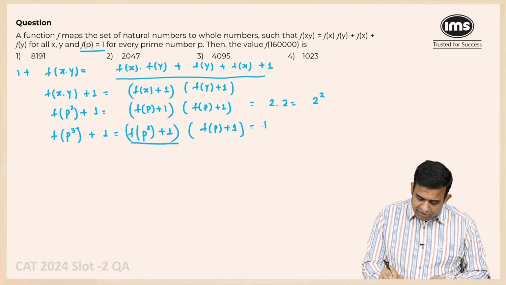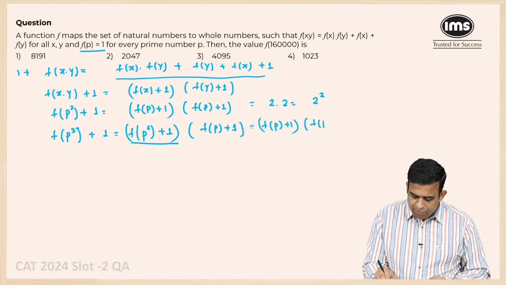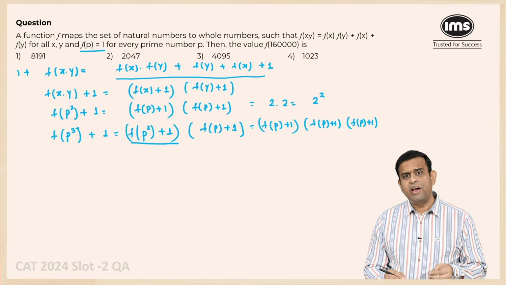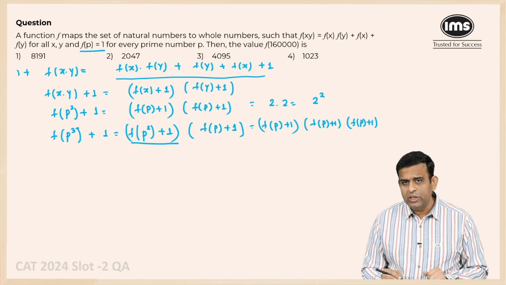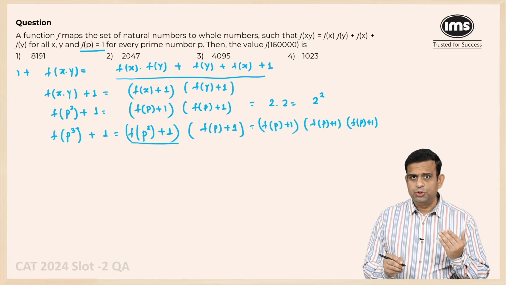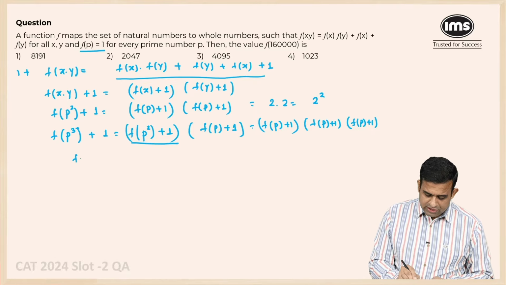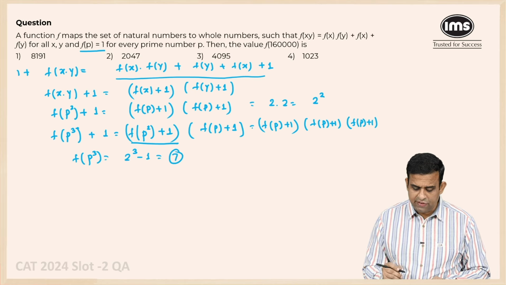So this becomes basically f of p plus 1, f of p plus 1, f of p plus 1. And again, since the value of f of p is known to us as 1, each of these bracketed terms becomes 2, and 2 into 2 into 2 becomes 2 cube. And that is why one can say f of p cube is equal to 2 cube minus 1, or simply 7 over here.